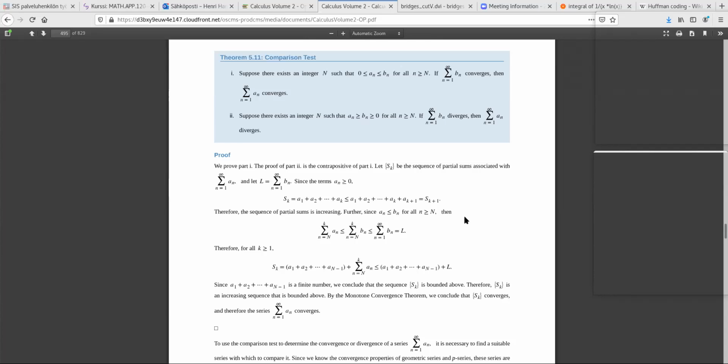And on the other hand, if the A sequence terms are larger than or equal to the B sequence terms, and the B series diverges, then the A series diverges as well. The proof is relatively simple. You can check out the first part of this proof. It's fairly easy to see that if you are adding things, then the partial sums will always be smaller, so it's going to have a limit.